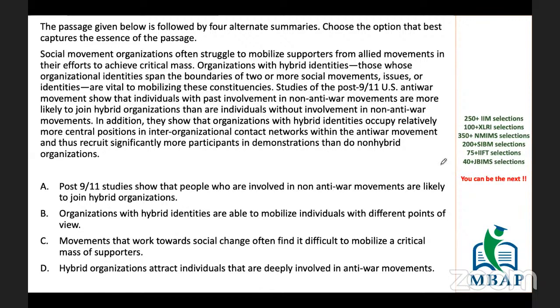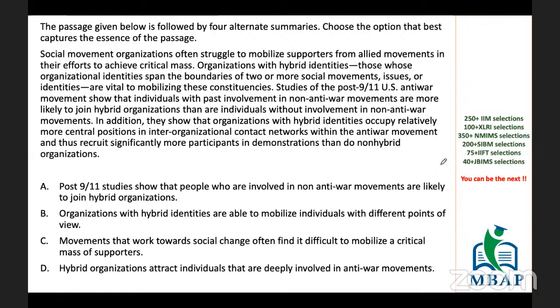Next, social movement organizations often struggle to mobilize supporters from elite movements in their efforts to achieve critical mass. Organizations with hybrid identities, those whose organizational identities span the boundaries of two or more social movement issues or identities, are vital to mobilizing these constituencies.